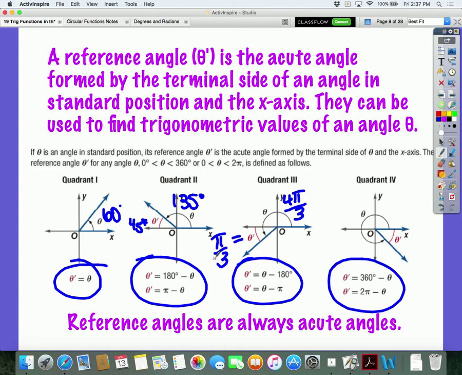If you get stuck with the pi's, take them out. This is basically 4/3 minus 1, the same thing as saying 4/3 minus 3/3. Just 1/3. So 1 pi over 3.